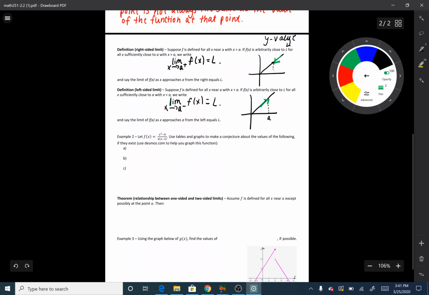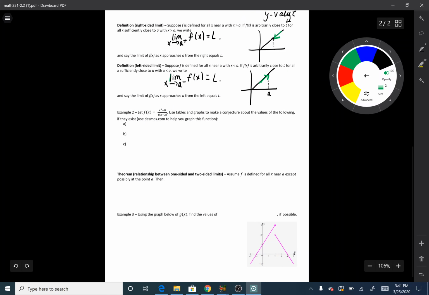All right, let's do an example. Let f of x equal x cubed minus 8 over 4 times x minus 2. We want to use tables and graphs to make a conjecture about the values of the following if they exist. So if you would like, you can pull this up on Desmos, but I am going to draw a picture of this graph.